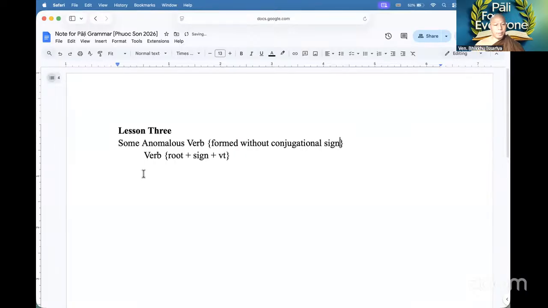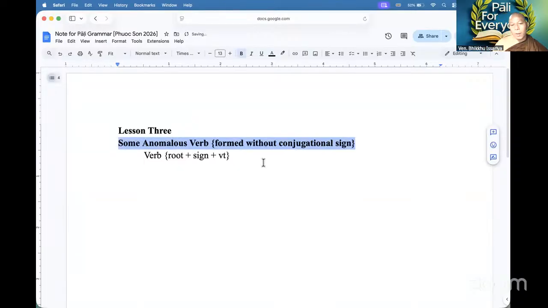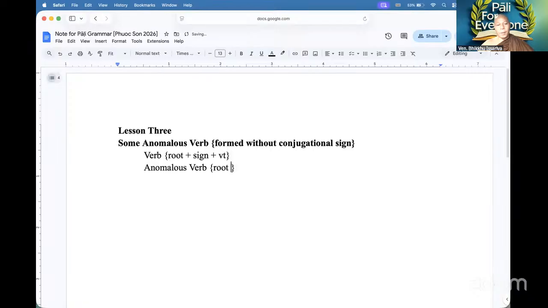So in this way it can be understood. Now those anomalous verbs have only root and the verb termination. So in this way it can be understood.